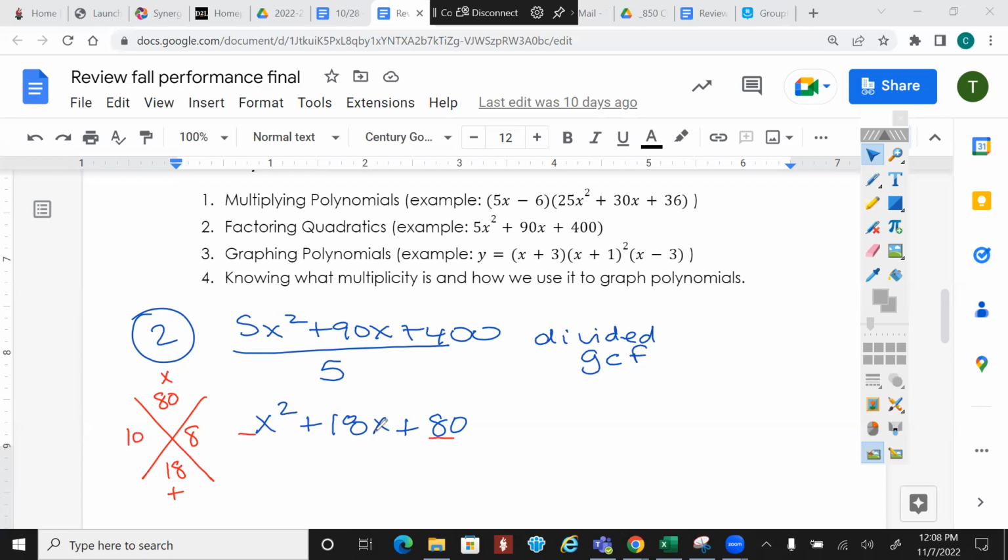Now I can rewrite this in factored form as x plus 10 times x plus 8. You remember that 5 that we divided by in the beginning? We're going to put that out front. And this is our factored form. Again, you're going to write me a little thing that says this is how you solve this.